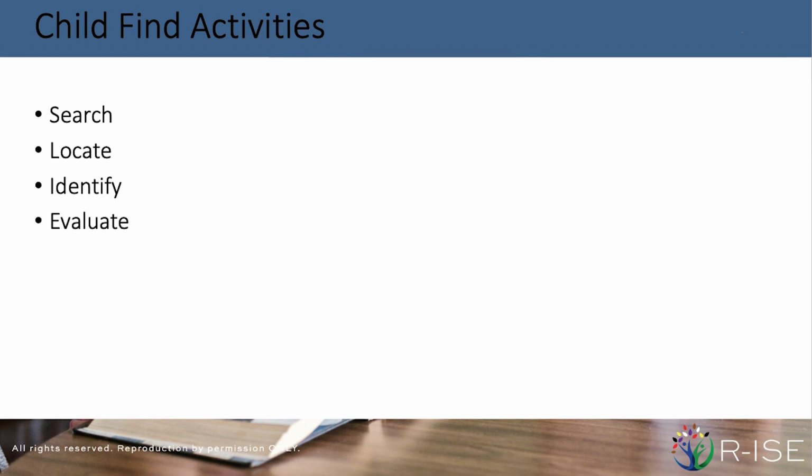Child Find is the obligation to search for a possible child with special needs, to locate where those children may be, then to identify them specifically, and then to evaluate and determine whether or not a child has special needs.